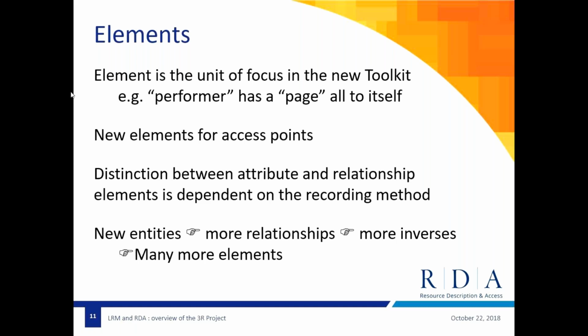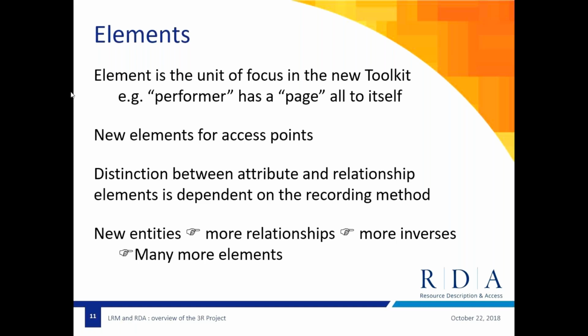So we have new entities added from the LRM. That means every time we add a new entity, we have to add relationships to the existing entities, so we have more relationships. Every time we have a relationship, we construct an inverse relationship. So it's not all one way. You can start anywhere. You can start by describing the author and then go on to describe the work rather than the other way around.